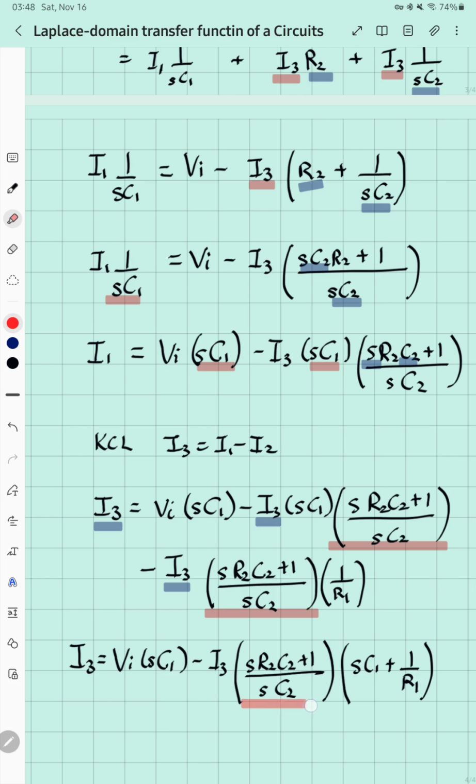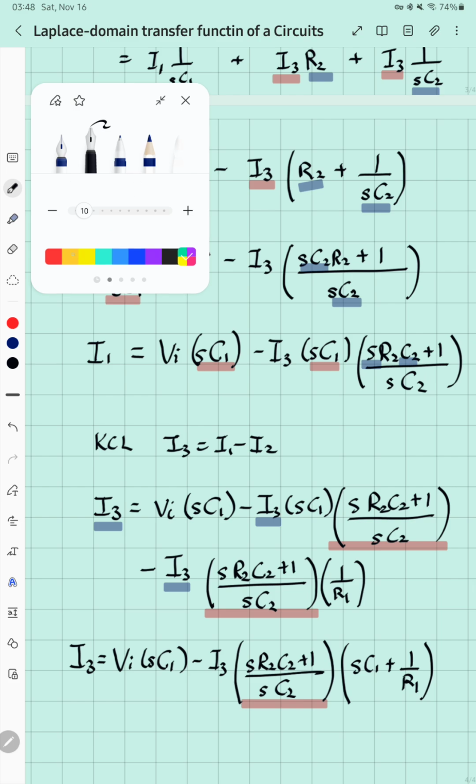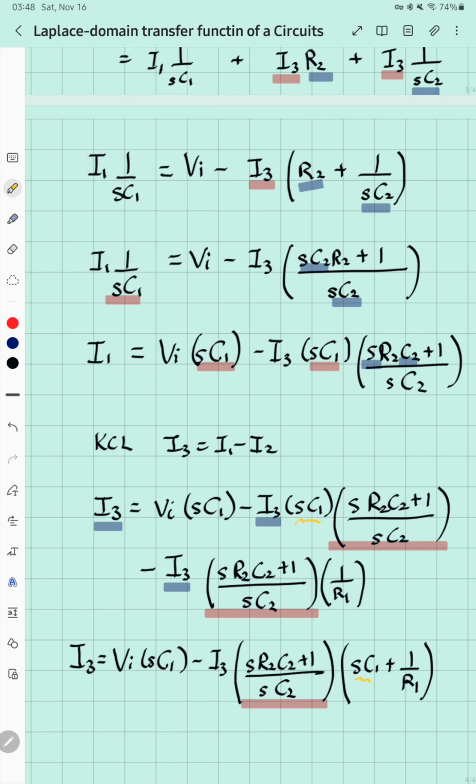So that was from the above, and you had this one, SC1, and this one here.